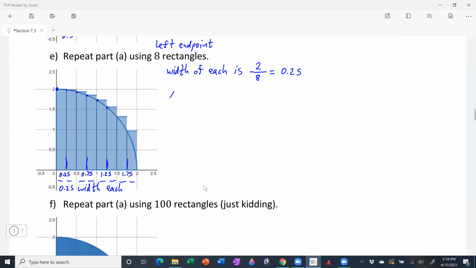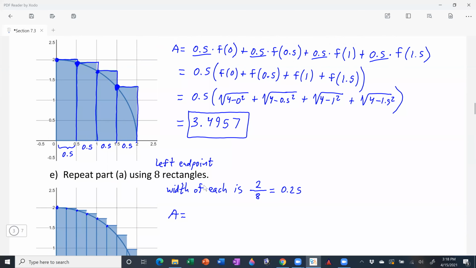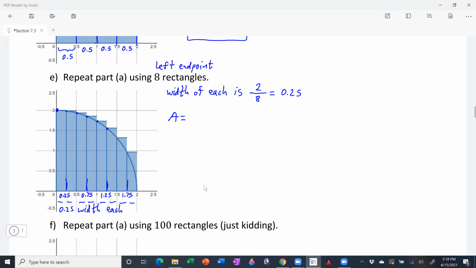Okay, so let's go ahead and do this. Like I said with the previous one, we know that the length times width, the width is the same every single time, so we can just go ahead and write that width already factored out. And then all we need to do is f of each of the function values for the left endpoints. So the first rectangle was at 0. The height of the second rectangle was 0.25.